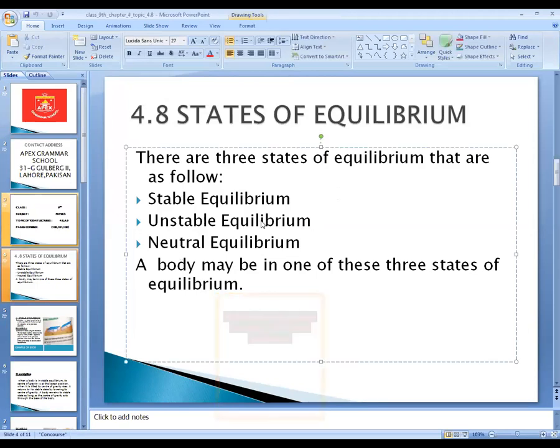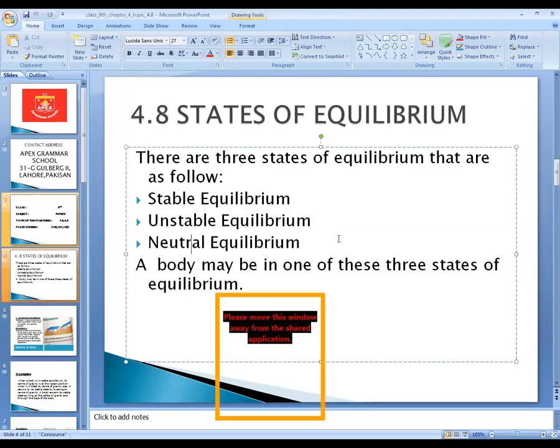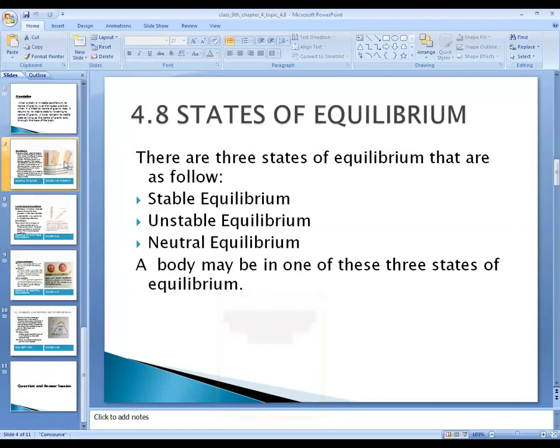In unstable equilibrium, we discussed the example of a pencil standing vertically on its tip. And in the third equilibrium, we discussed a ball rolling on a horizontal surface. It will take a new position, but the center of gravity will be at the same height. So this is the end of the three states of equilibrium.